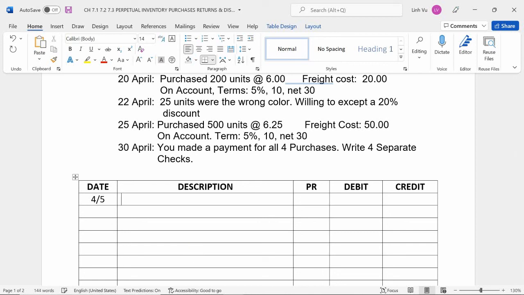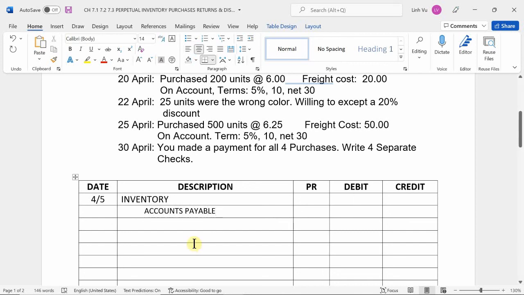Inventory, right? Because that's what we just acquired. And what else? Accounts payable, because we placed it on account.